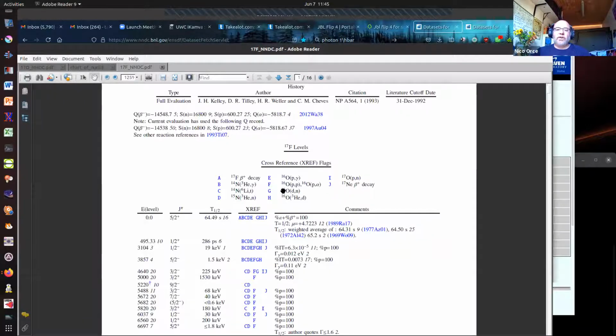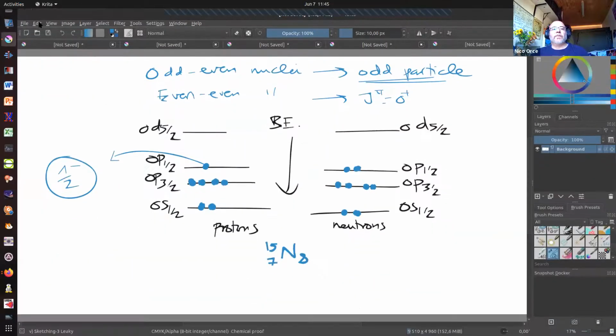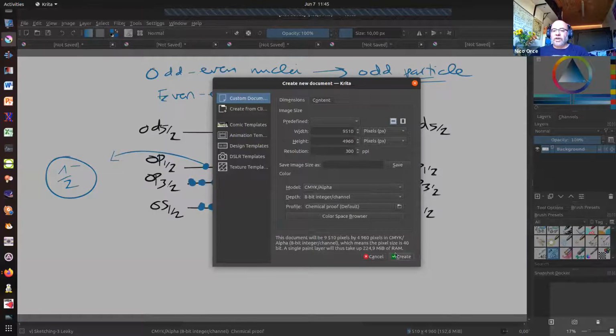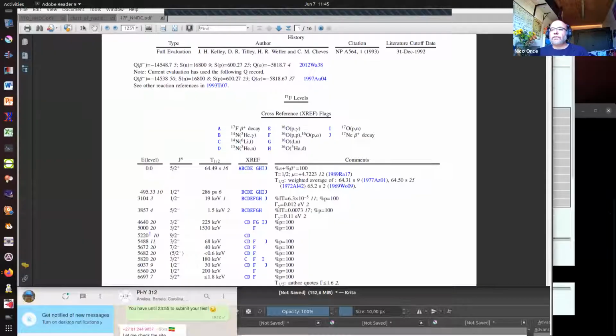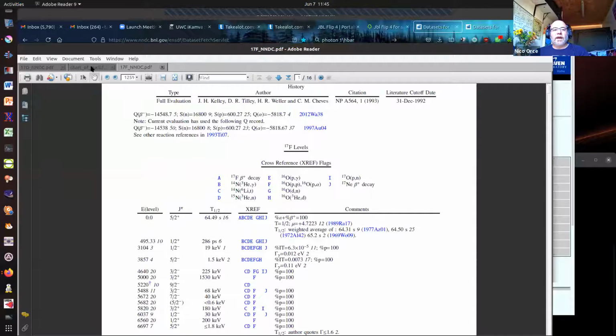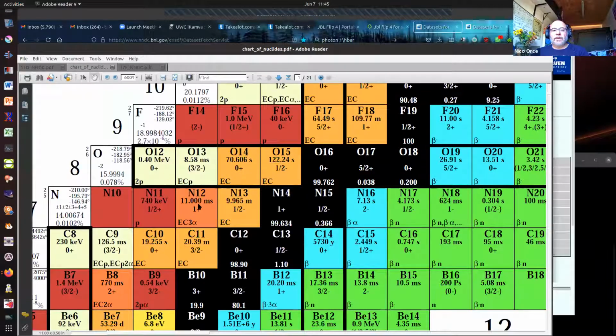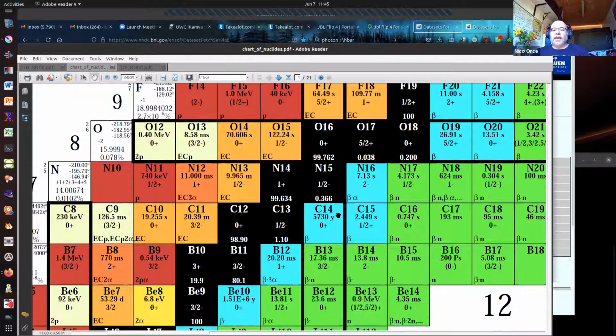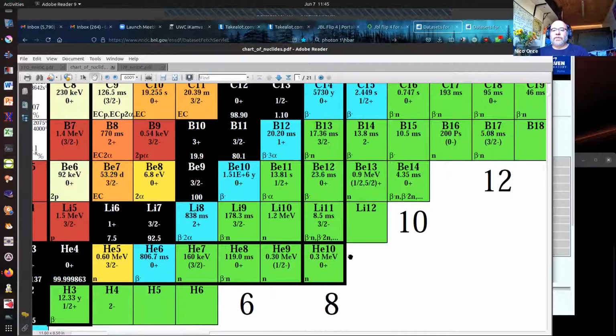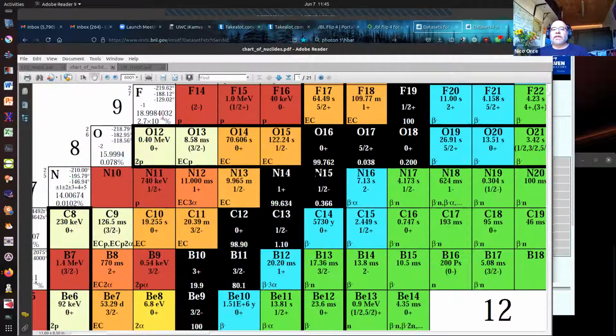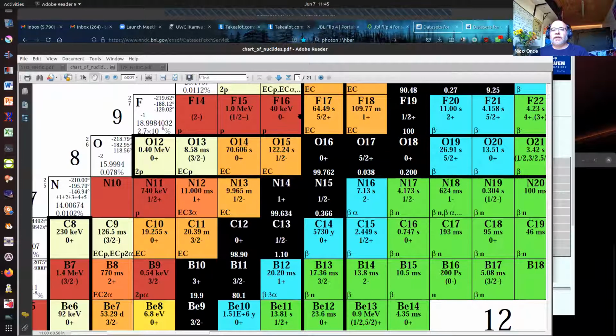So let's look at fluorine 17 quickly, always remembering that fluorine 17 is here, which has 9 protons and 8 neutrons, right? So it's basically the same as oxygen 17, but we just exchange the number of protons and neutrons.